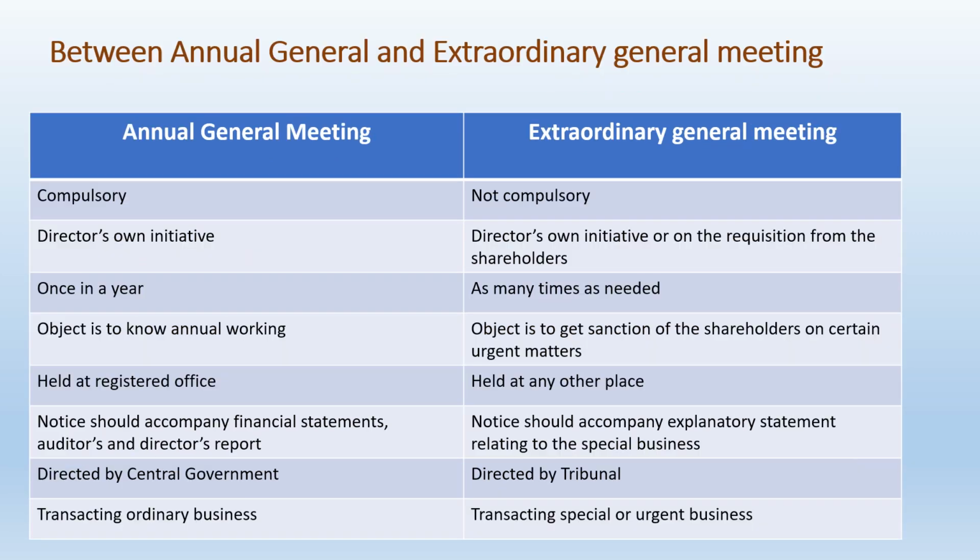The main differences between an annual general meeting and an extraordinary general meeting are: first one, an annual general meeting should be held by a company compulsorily, but an extraordinary general meeting need not necessarily be held.